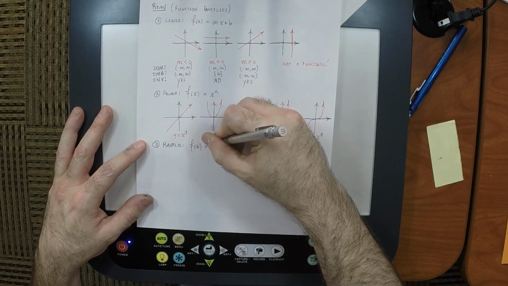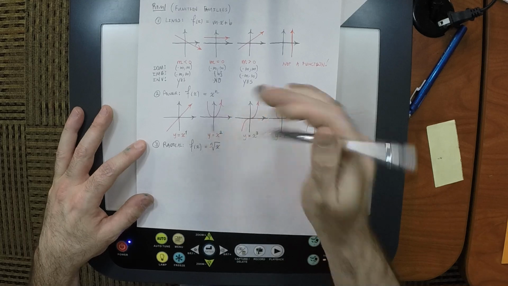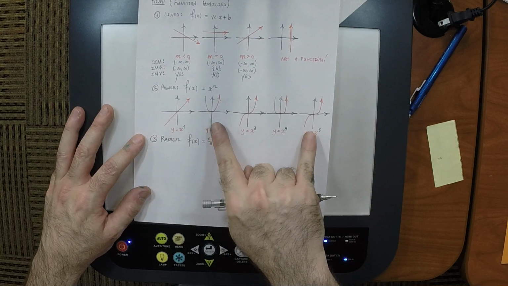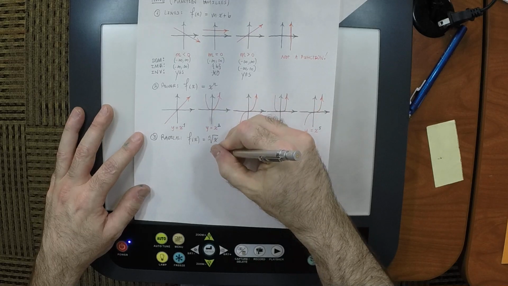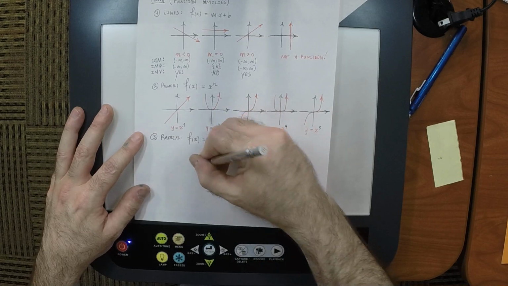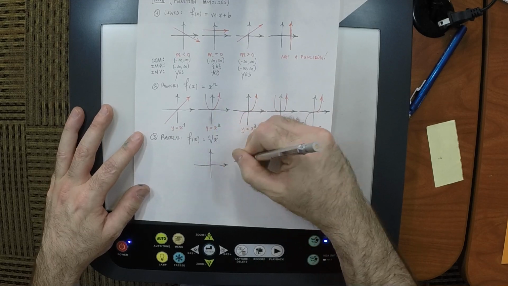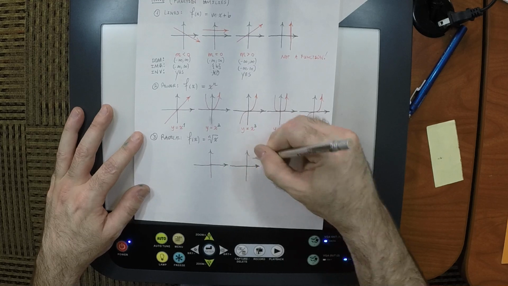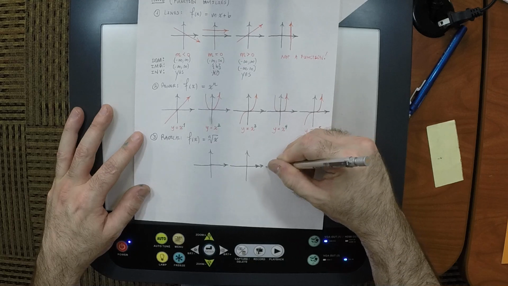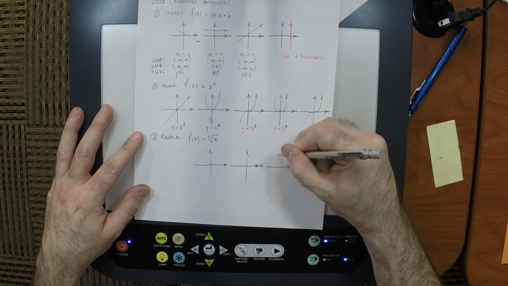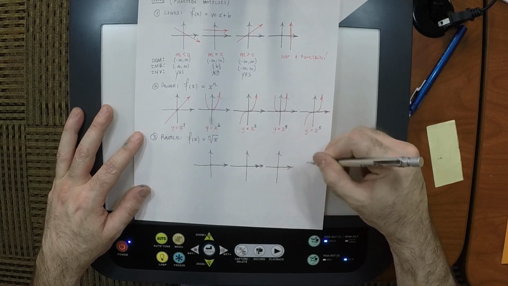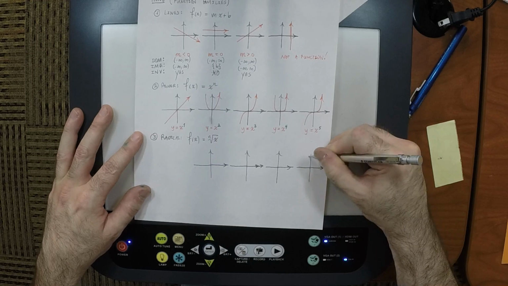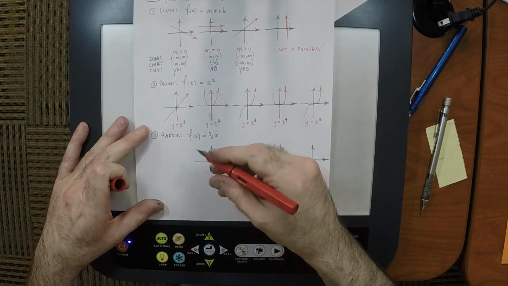f of x is the nth root of x. So now I'm going to draw 4, and they're going to be lined up vertically with these. For each one of these, I'm going to do y is square root x.